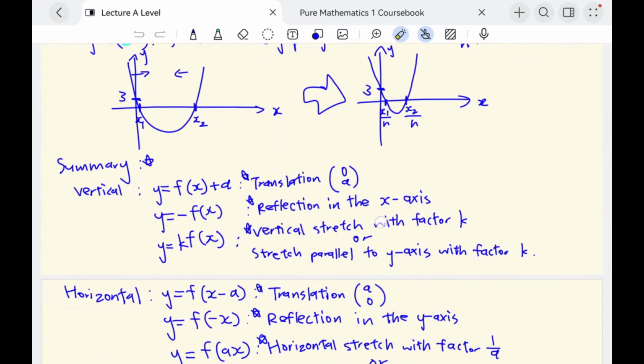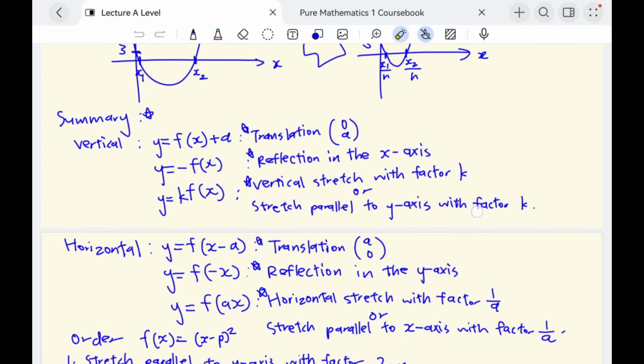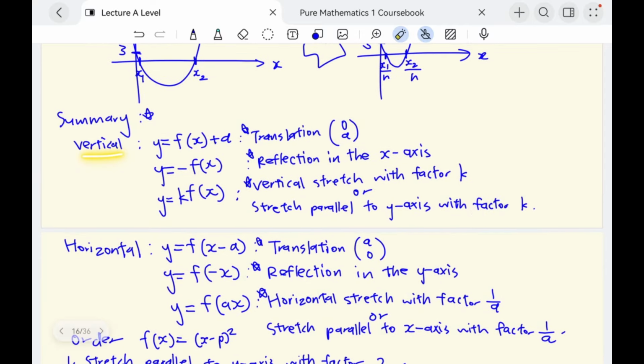Okay, let's take a look at the summary. For the vertical transformation, for fx plus a as your new function, there is a translation of 0a. But okay, for the reflection, you change the sign to negative beside the entire fx. There is a reflection in the x-axis. Okay.